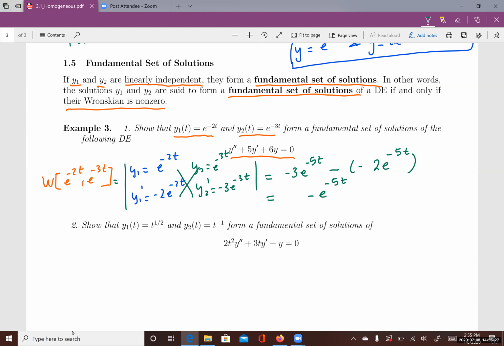And again, because this is an exponential function, it's always nonzero for all t. That means, yes, these two functions, e to the negative 2t and e to the negative 3t, form a fundamental set of solutions.